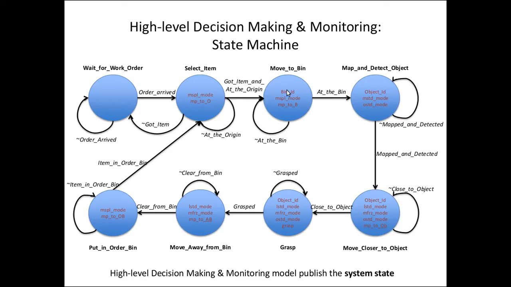In other states, we are going to have the map in the simple mode, where it publishes a static version of the shelf. But when it is in this mode, it goes to the standard mode and builds a fresh map of the shelf. And all the time it is in this state, it is building this map.